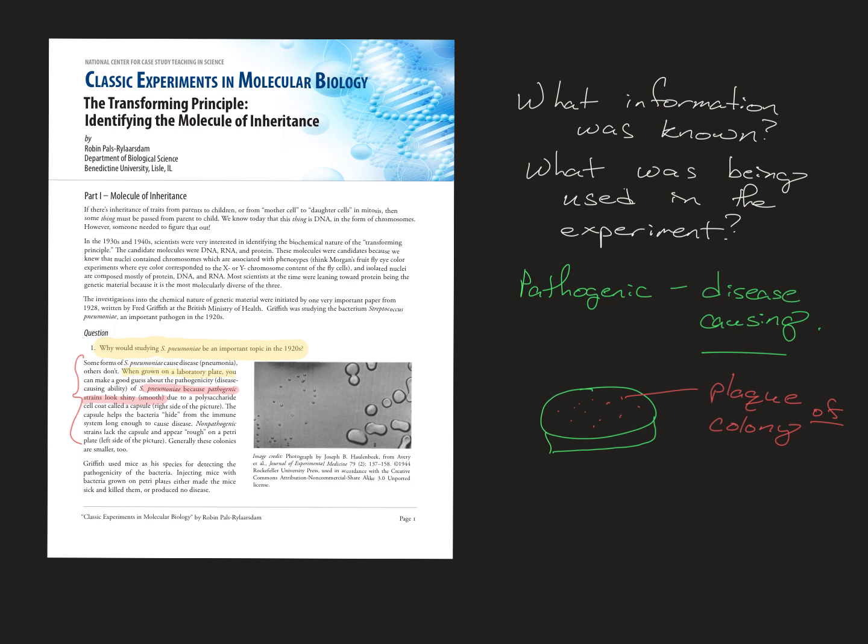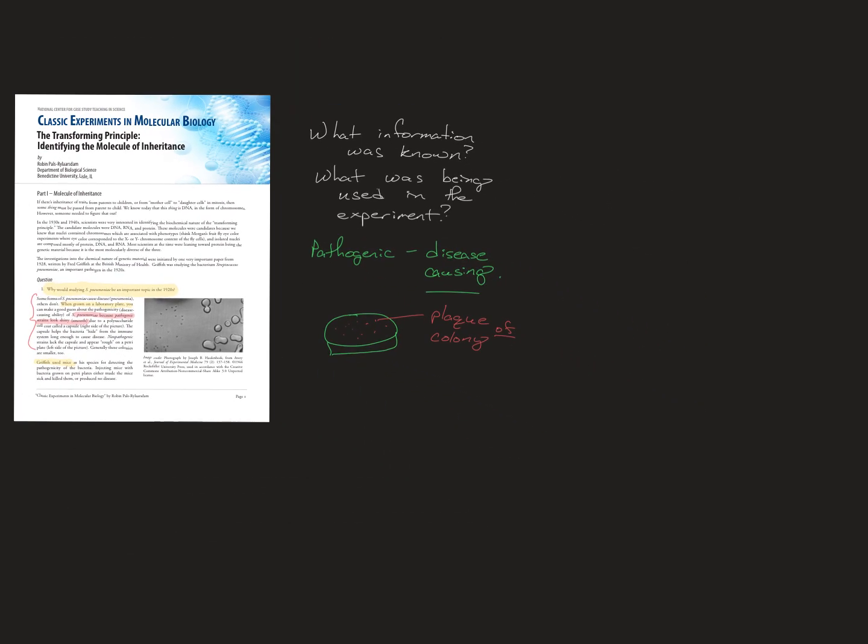So read this section, understand. Do you need to know Griffith? No, you don't need to remember Griffith, but it'd probably be a good idea to understand who's doing the experiment. So Griffith is using mice.